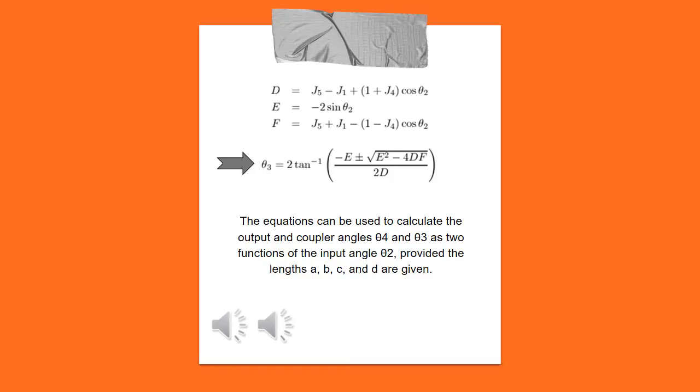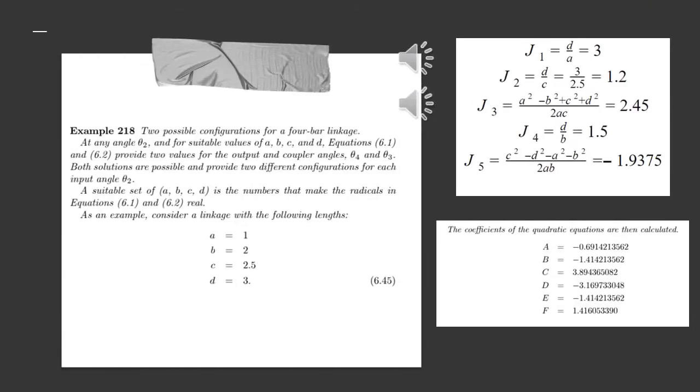The Freudenstein equation may be explained by using trigonometry. Below is an example where it's not necessary to draw a diagram since everything is going to be done by using the equations.